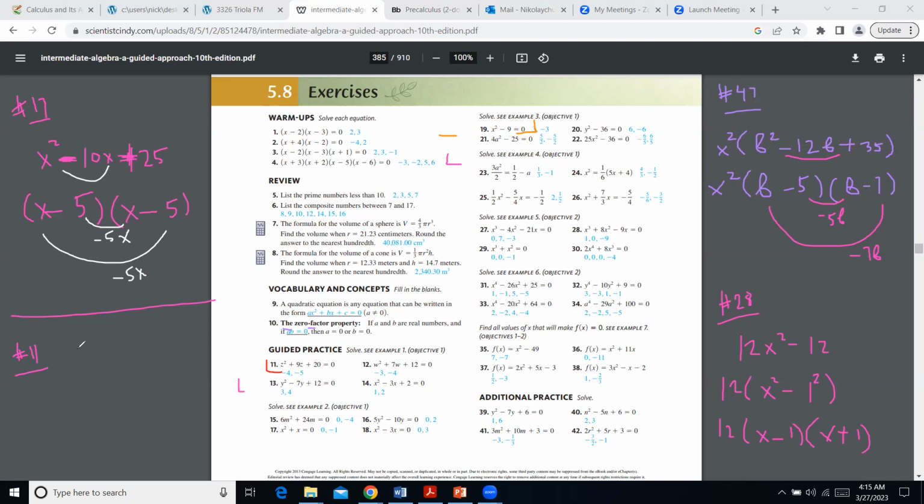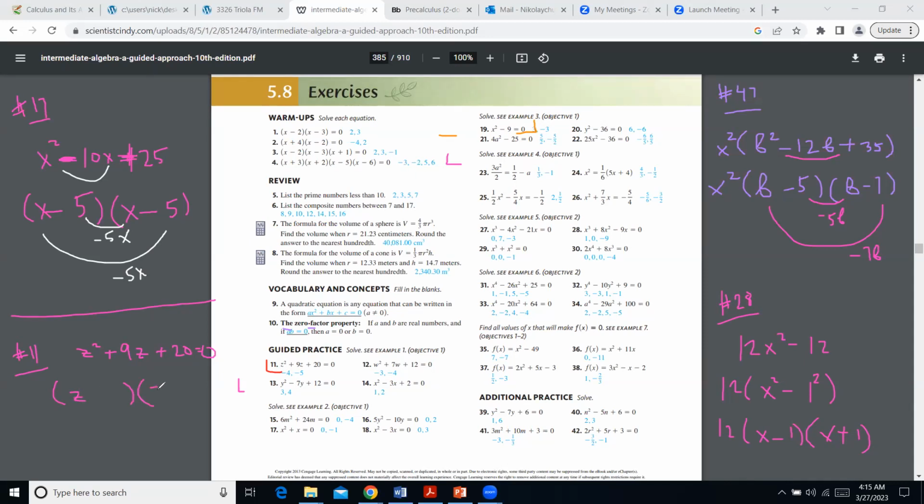And when this is z squared plus 9z plus 20, well, looks like we are going to factor this left side of our equation just like we did in the previous sections.